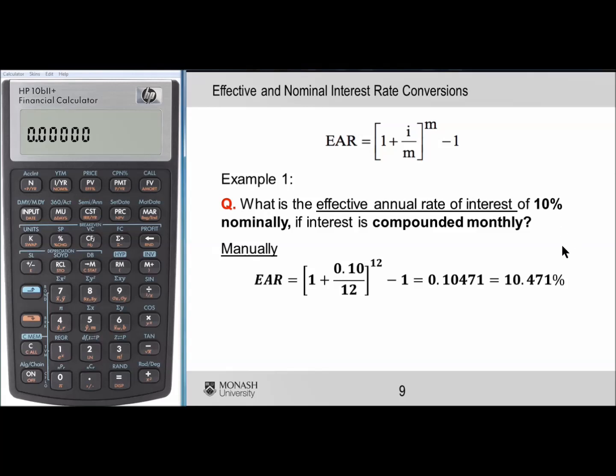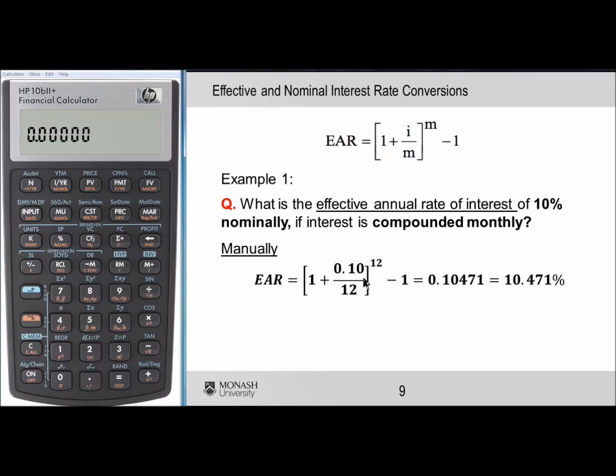So compounding frequency M is 12, because when this interest rate is compounded monthly, it means that the interest is calculated monthly and is added back into the principal to earn more interest. And there are 12 months in a year. And I, nominal interest rate, is 10%.